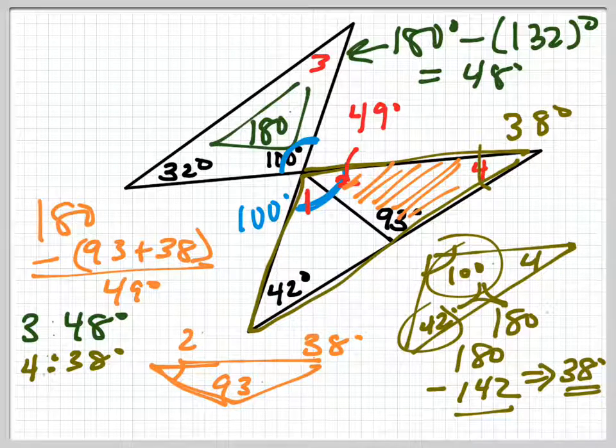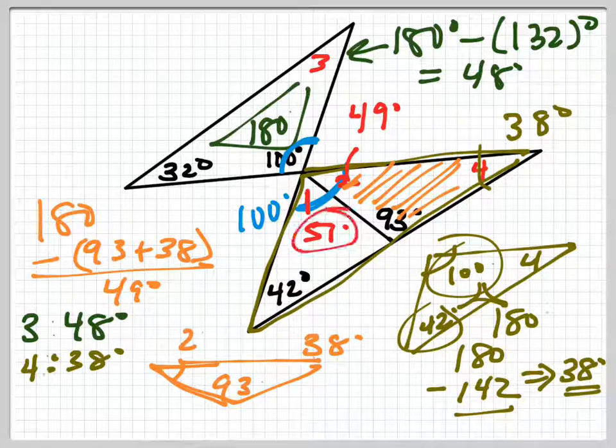Remember when I said it couldn't be 50, or it isn't necessarily 50, I should say? It isn't. And if angle 2 is 49, and 1 and 2 together make 100, then there's a couple of ways to find angle 1. I know that 100 take away 49 will give me 51 degrees for angle 1. So angle 1 is 51 degrees, and angle 2 is 49 degrees.